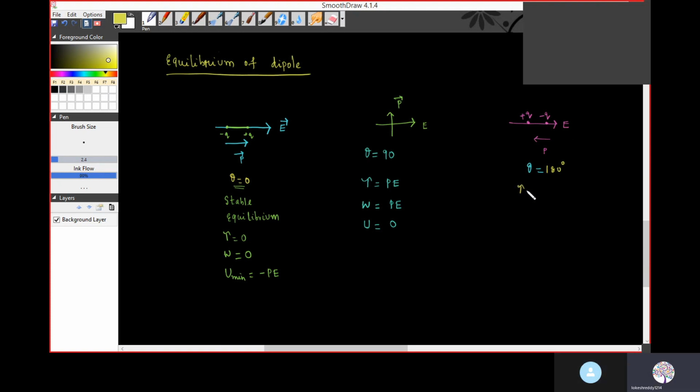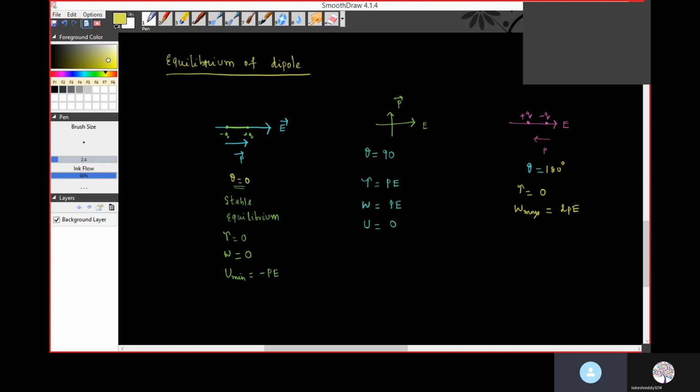Then torque is equal to PE sine theta. Sine 180 is 0. So torque is equal to 0. Then work done is maximum, that is equal to 2PE. Cos 180 is minus 1.